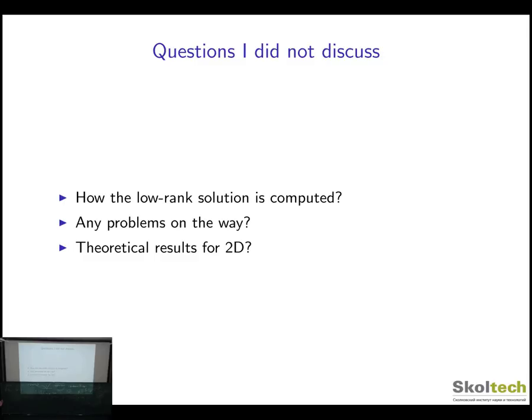There are other questions, because for this method, you need to know in advance what the sizes and the ranks are, right? There were quite a few works on how to adapt the ranks during the solution process. I do not think it's done to full extent yet, but a good idea in this AMEn method is to use some sort of gradient enrichment.